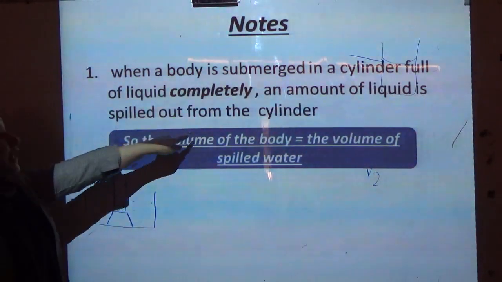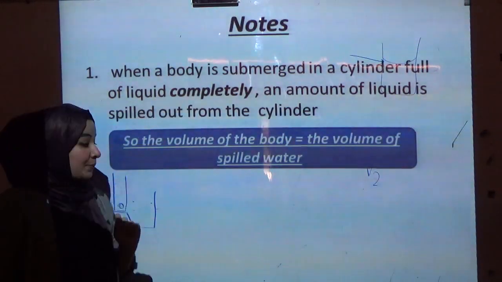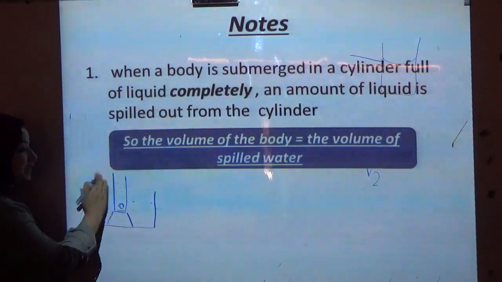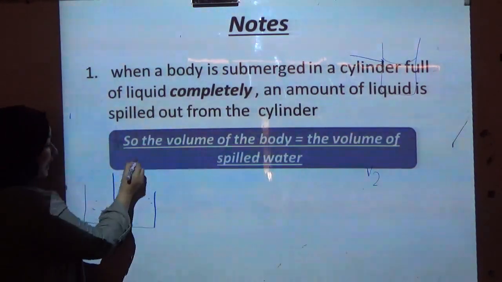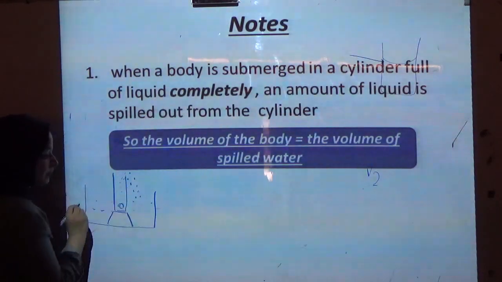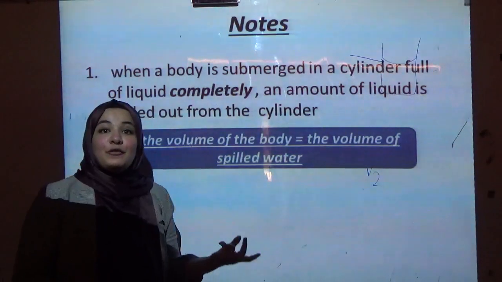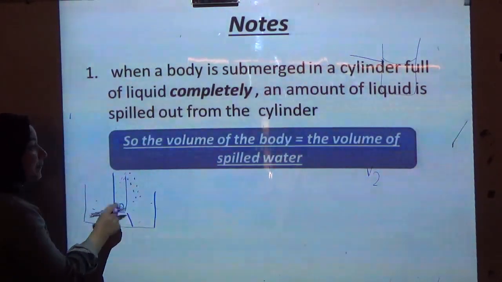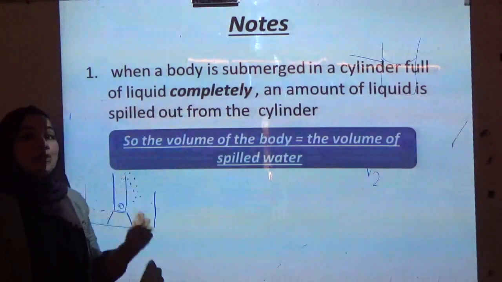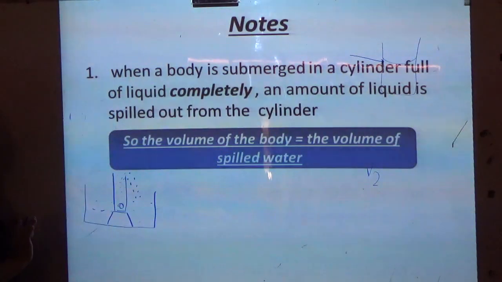What will happen? An amount of liquid will spill out from the cylinder. So what is the volume of this body? The volume of this body equals the volume of the spilled water, the water that comes out from the cylinder.